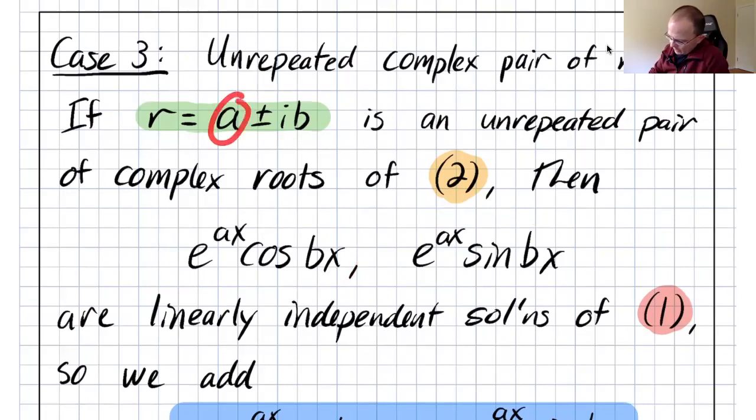The a tells us what this e to the ax is, so that'll tell us what the exponential should be here. And the b tells us what this number is when we do the cosine of bx. So the a goes there and the b goes there, and we get one for the cosine and one for sine.